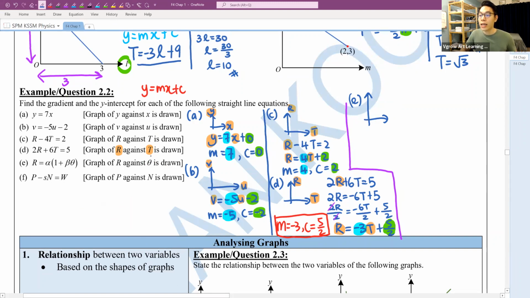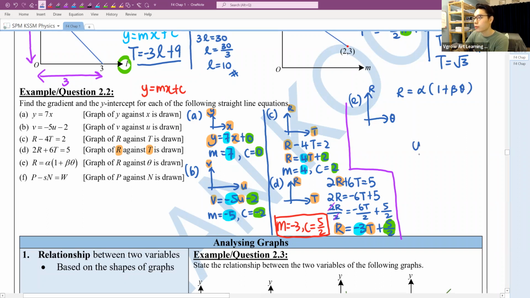Okay, theta is just one of the Greek letters. So we got R and theta. Theta usually is representing an angle. Okay, but what is more important is we want to rearrange this. So I copy the equation first.